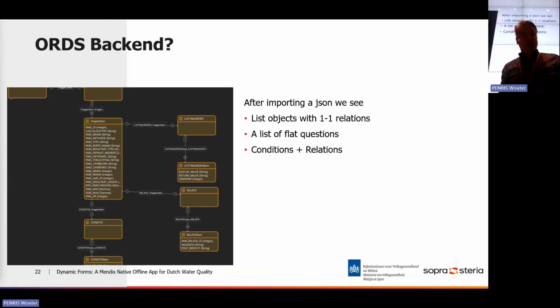And in this case, we were also using a backend service, which was going to give us a basic JSON structure with questions. And here you see there's a question item, then a list, lijstwaarden object with a list of lijstwaarden. Same thing here, right? So these are what I call list objects.